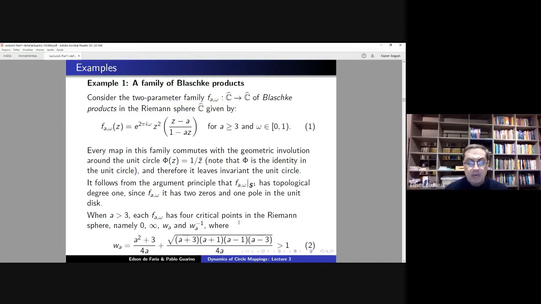It doesn't matter, but what matters is that if A is greater than 3, then W sub A is greater than 1, and therefore 1 over W sub A is less than 1. So these 2 critical points are not on the unit circle, one is inside and one outside. So this means that the restriction of f sub a omega to the unit circle is actually an analytic diffeomorphism when A is greater than 3, okay?